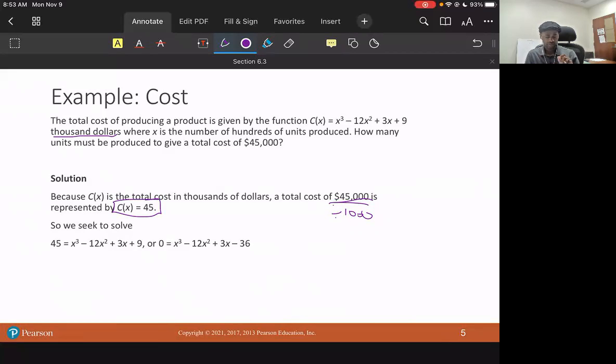Now you had two options. In the past, we could have just graphed both y equals 45 and C of x and seen where they intersected. So you can use the intersection method here.